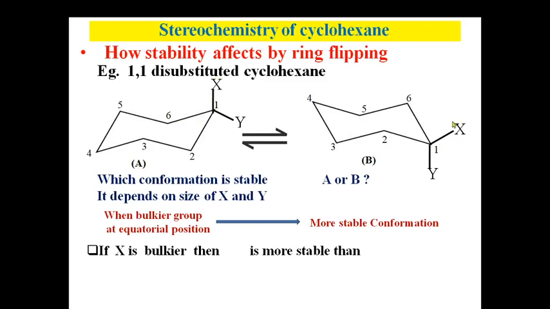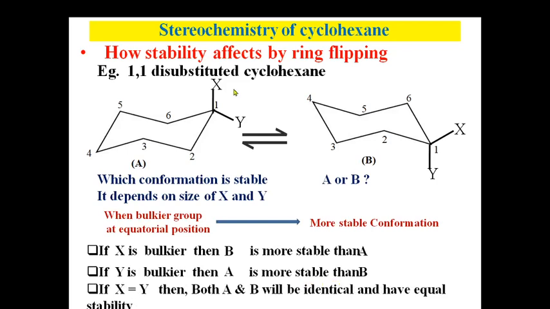In case of B, X is at the equatorial position, so B should be more stable. So if X is bulkier, then B is more stable than A. If Y is bulkier, then obviously A is more stable than B. And if X and Y are both the same, then A and B conformations are identical and have equal stability.